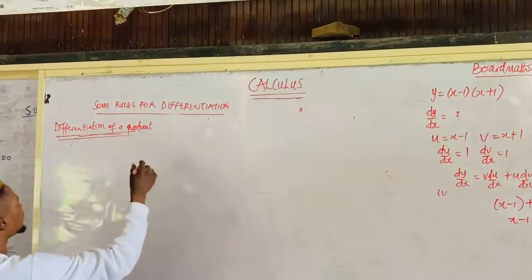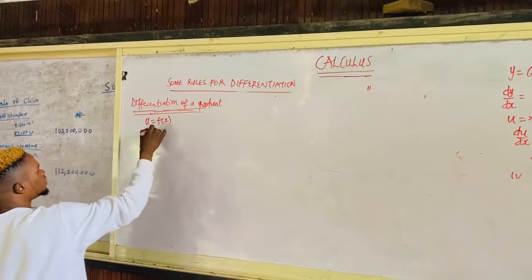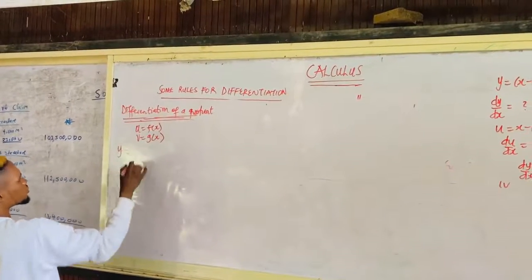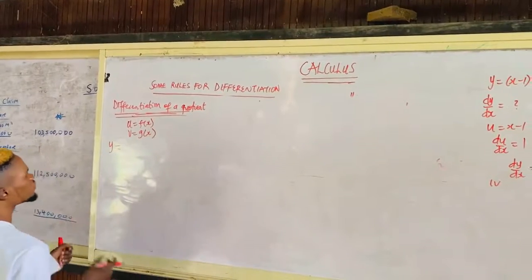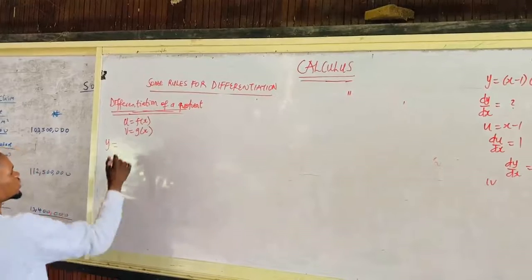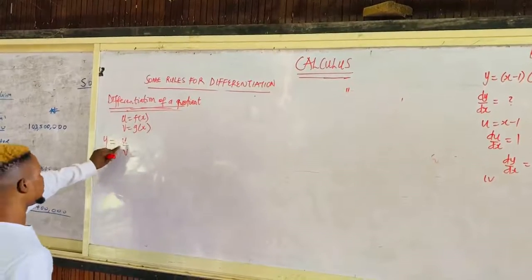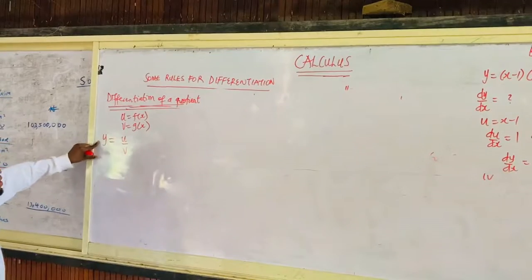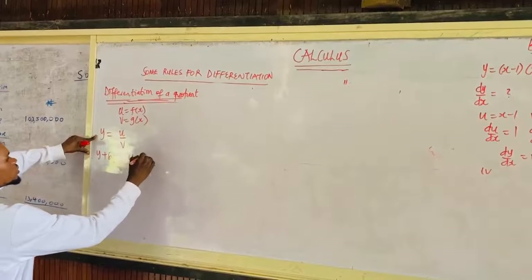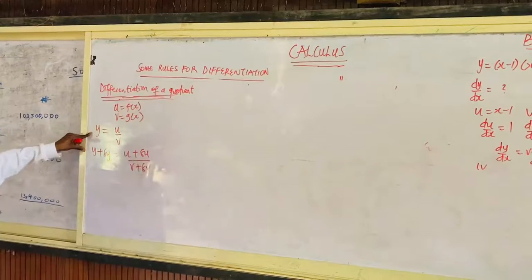Also, let's say u is a function of x and v is also a function of x, and y is their quotient u over v. If x receives an increment, u receives an increment and v also receives an increment. So that's why y plus Δy is equal to (u plus Δu) over (v plus Δv).